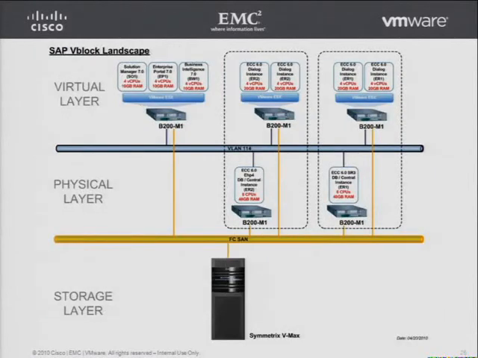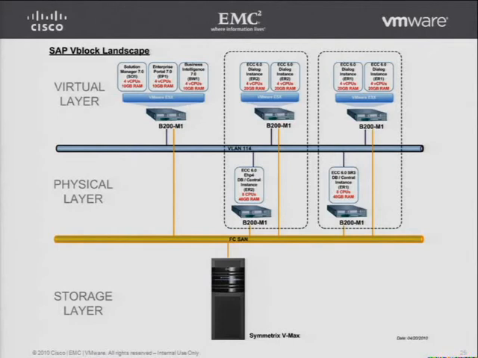This is the landscape that I'd like to show you for our VCE Cloud Lab in Santa Clara. The entire landscape is completely running on Oracle database together with Red Hat Linux 5.4. As you can see, we have created a virtual layer together with a physical layer. What does it mean by virtual?